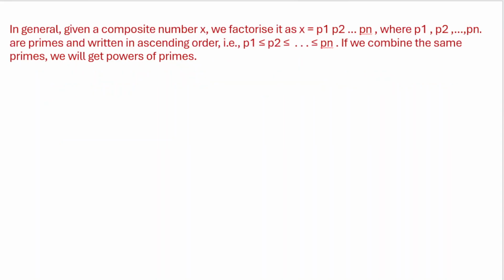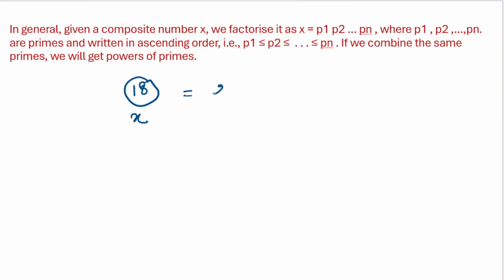One more thing, what your theorem is saying, in general, given a composite number x. Suppose we are having 18 as our composite number, let this be x. So we are doing its factorization.